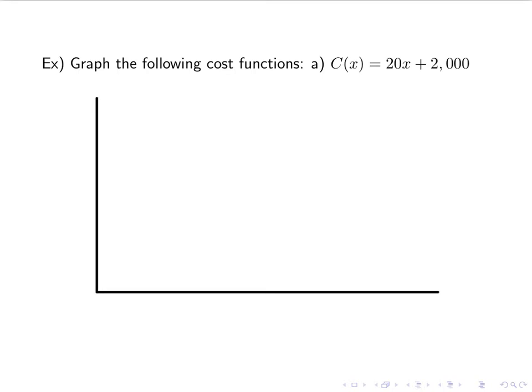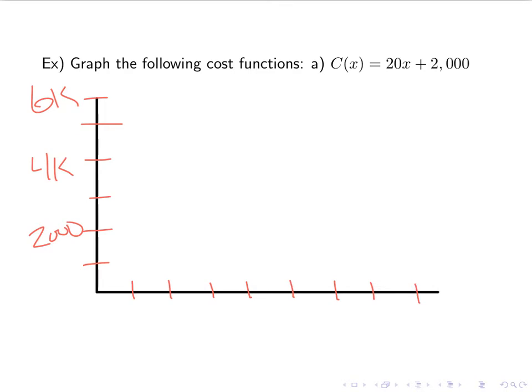So let's get rid of those. So again, I have 2,000 and 4,000, so I'm just going to go by 1,000. So this one will be 2,000, 4,000, 6,000. And then I have 0 as one of my numbers because it's the y-intercept, and then I also have 100. And again, I don't want to put it too close to the beginning. I want to make sure that my picture is going to be nice.